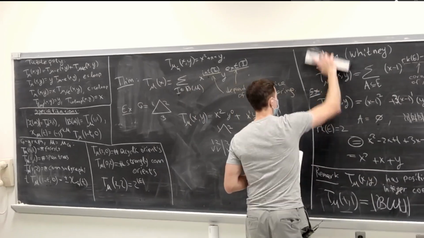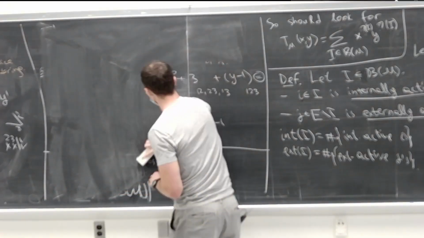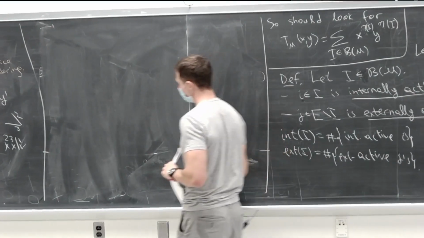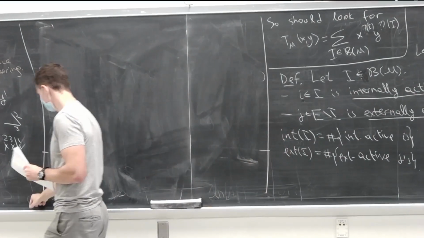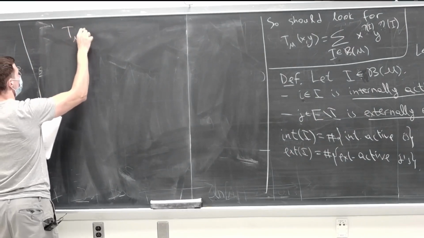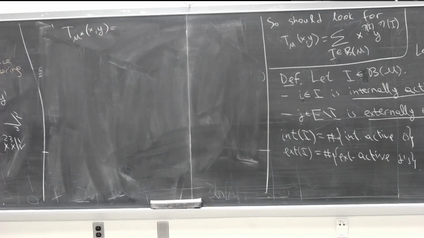So finally, what happens if I take the dual of my matroid and I want to compute the Tutte polynomial?